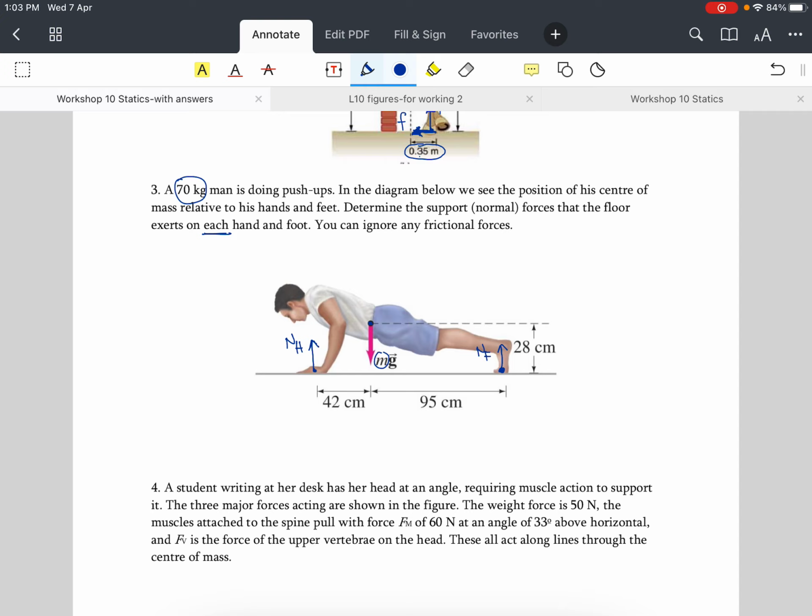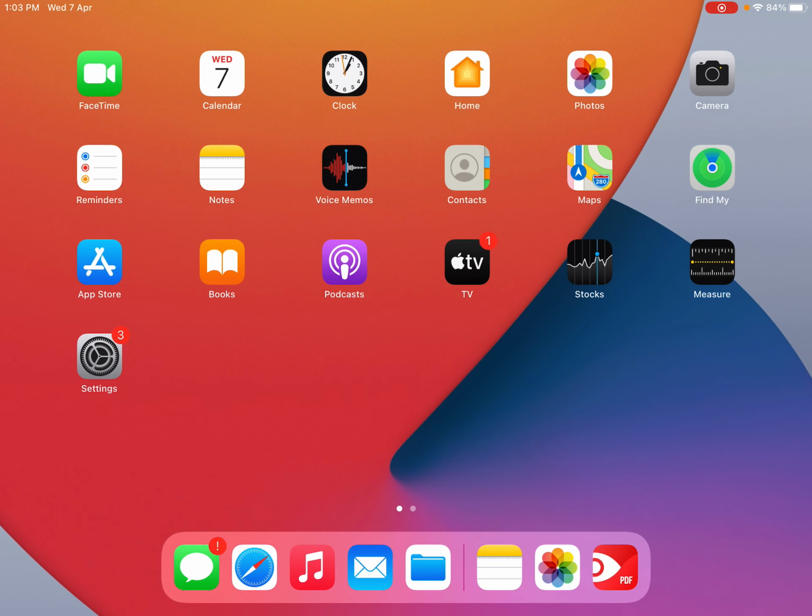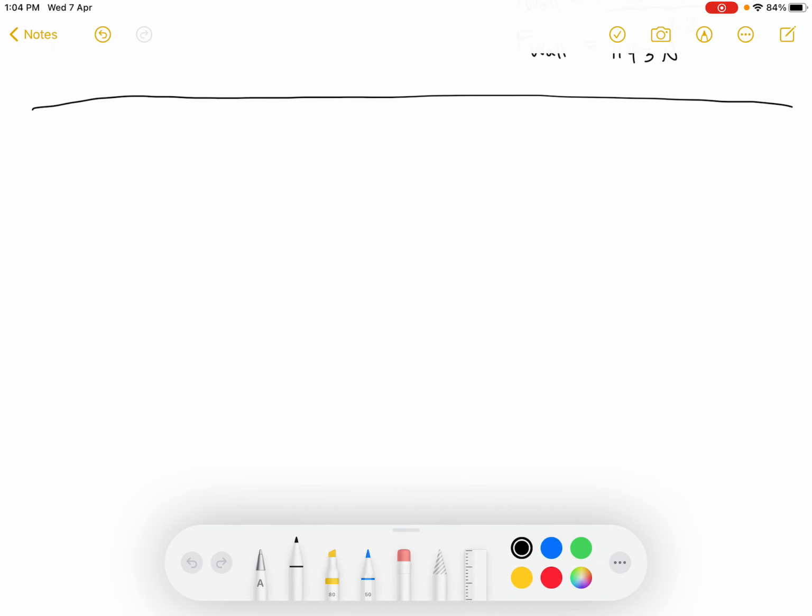Because we want to find both NH and NF anyway, the force exerted by the floor on each hand and foot, why don't we first use NF as pivot and then NH as pivot? But let me just redraw our free body diagram and do the working here.